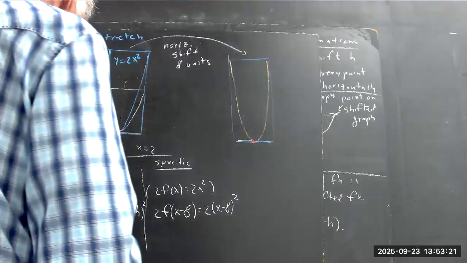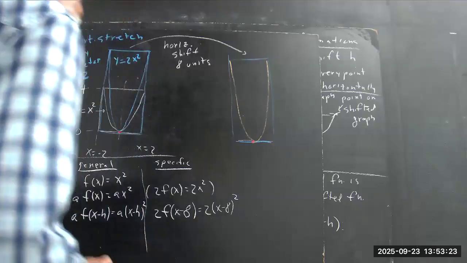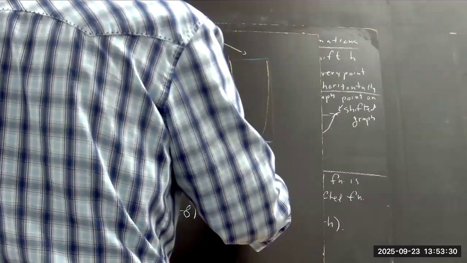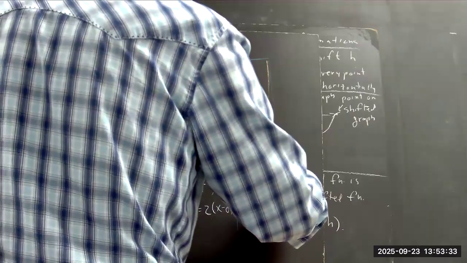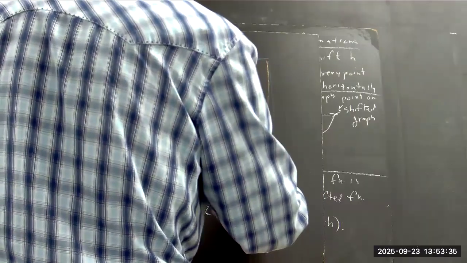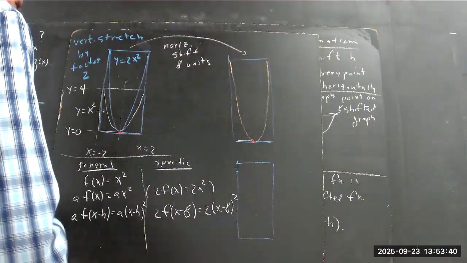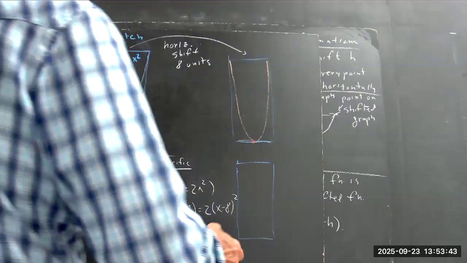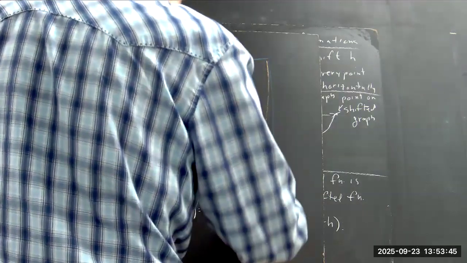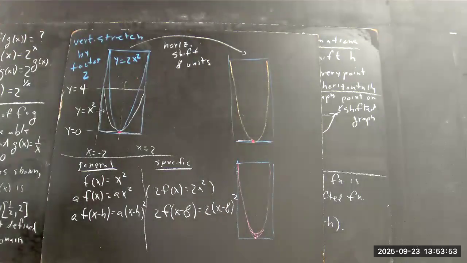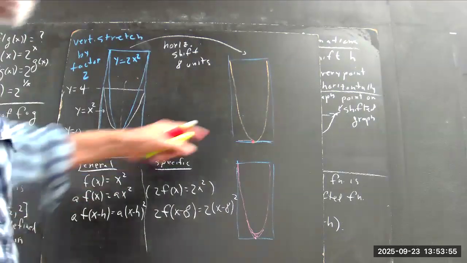Then we shifted vertically. I'm going to take this thing and shift it downward to about here, and I'll put a red dot here. There it is. Now, how far did I shift down?